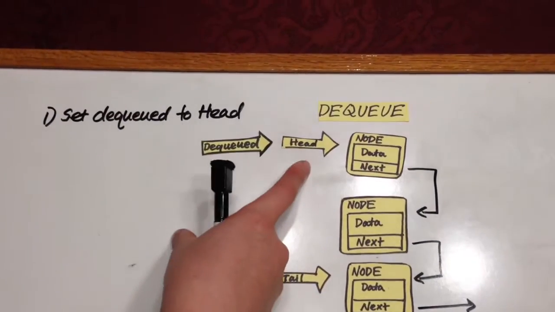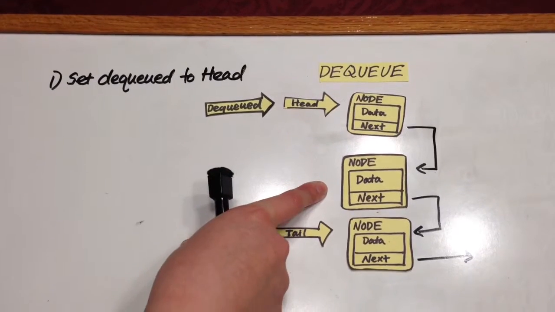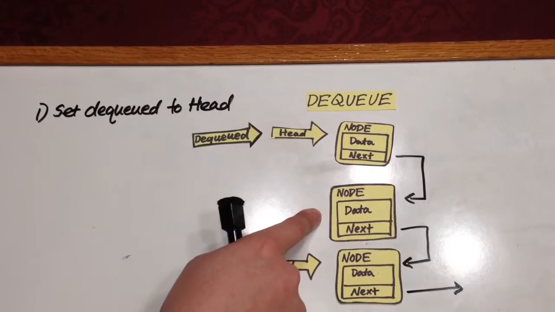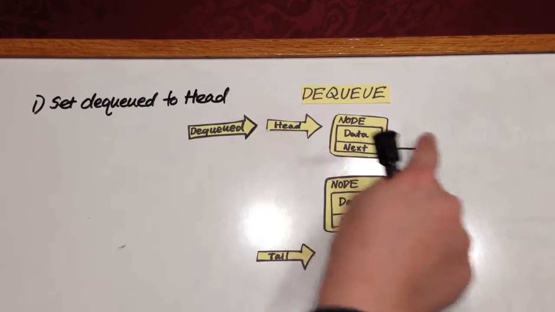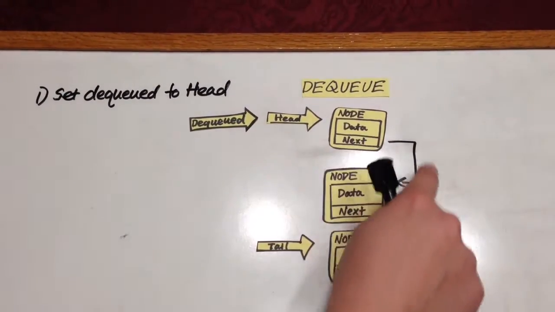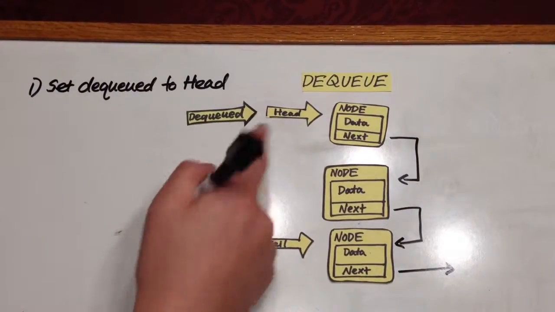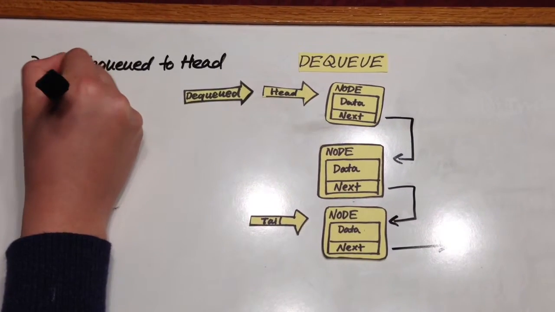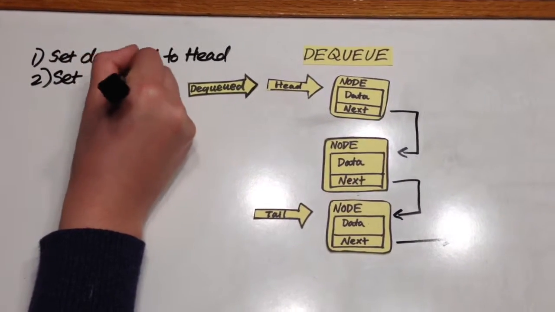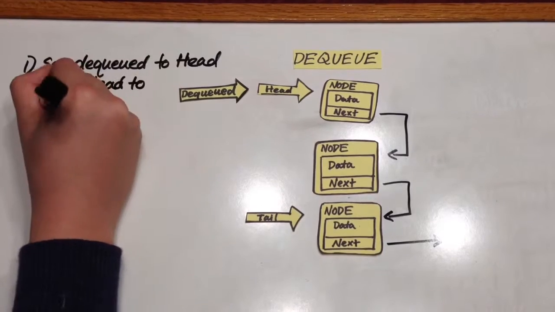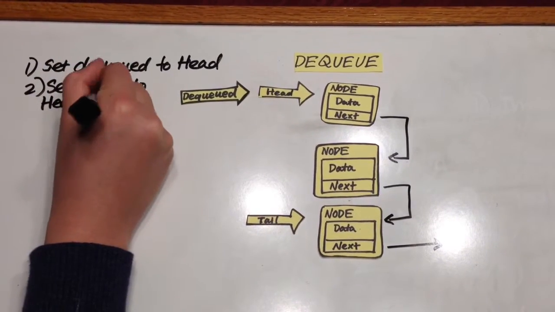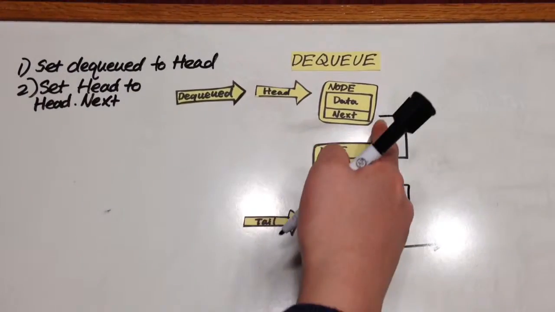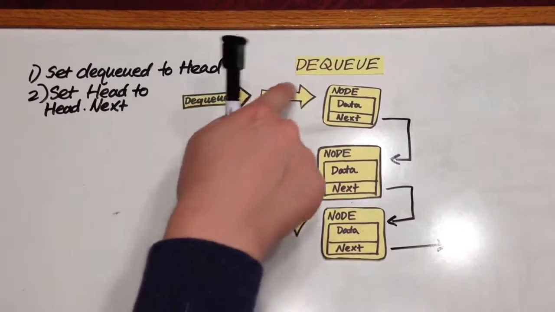So I want to move head to where this is. And luckily we know where this node is because this is where head.next is. So I'm going to set head to head.next. And this is why the next is very helpful, because it helps tell us where the next node is.